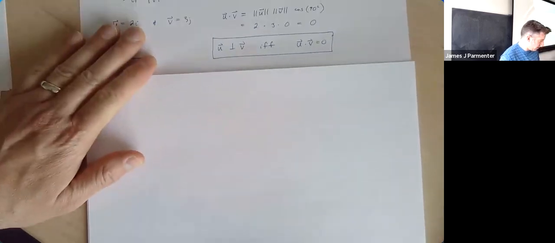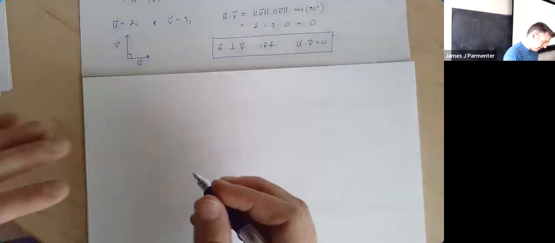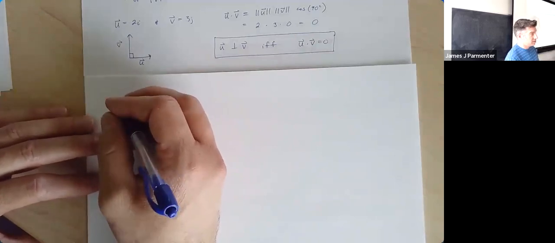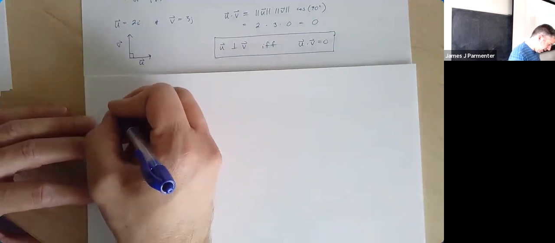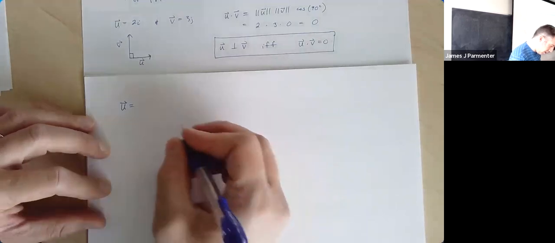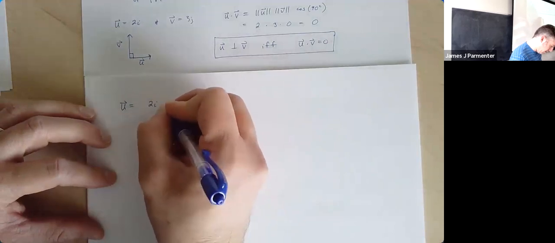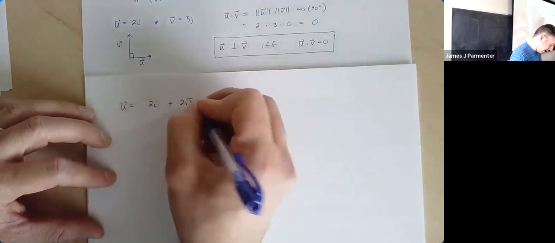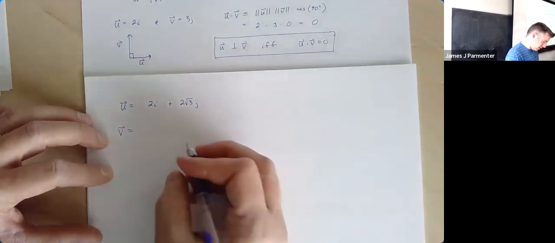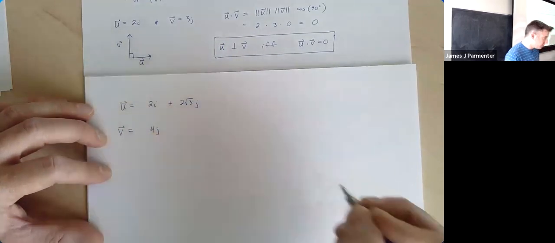Let's look at one more example though, because I want to show you an example where we can see how the actual way we're going to calculate them works. So let's say we have vectors u equal to 2i plus 2 root 3 j, and v is equal to just 4j.